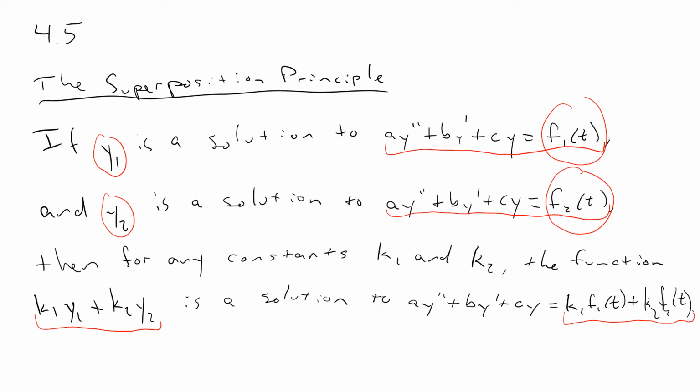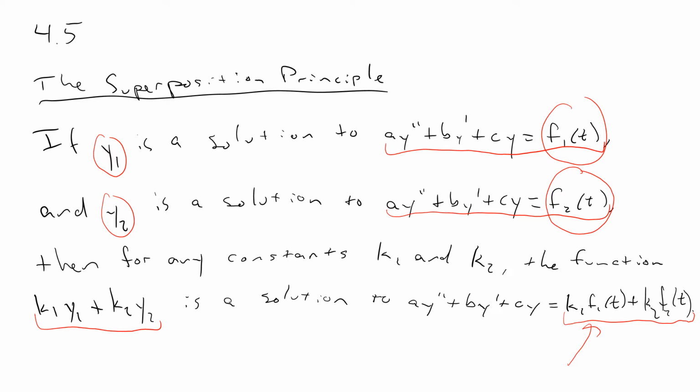There are two main ways that we can use this principle. One is, suppose we have this differential equation down at the bottom that we're trying to solve, and it's kind of an ugly equation because that right hand side is a mess. There's a lot going on on the right hand side of this equation. The nice thing that this principle allows us to do is break this differential equation up into smaller chunks.